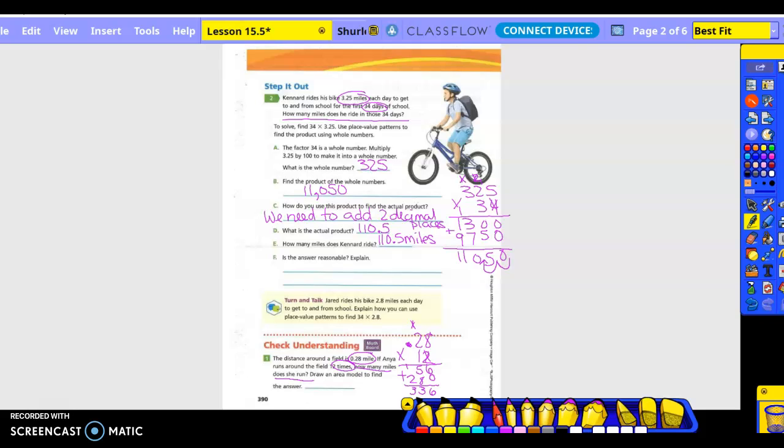How many total decimal places do I have? How many do I have in the first number? 2. Do I have any in the second number? No. So we just have 2. I'm going to loop over 2 places. And my answer is what? Miles, right?